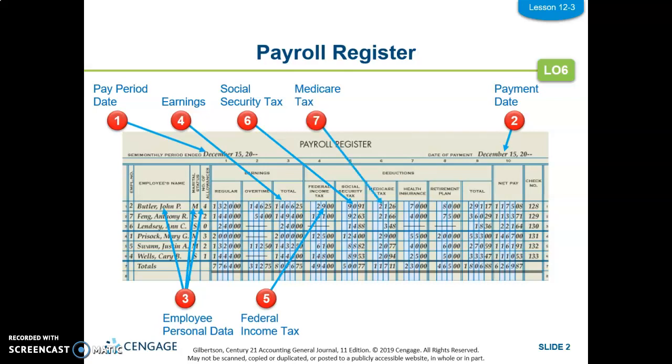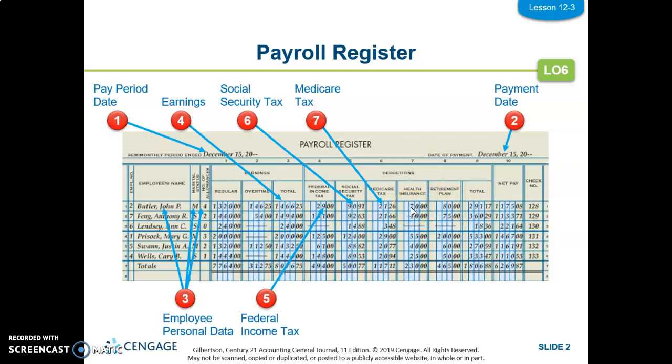Then Medicare tax. I would write on that it is total earnings times 1.45%. So I'm taking that total earnings number times 1.45% there, and total earnings times 0.062 for the Social Security.